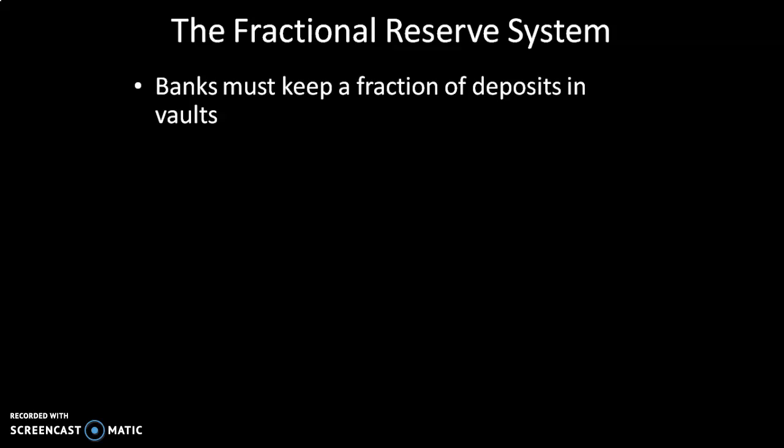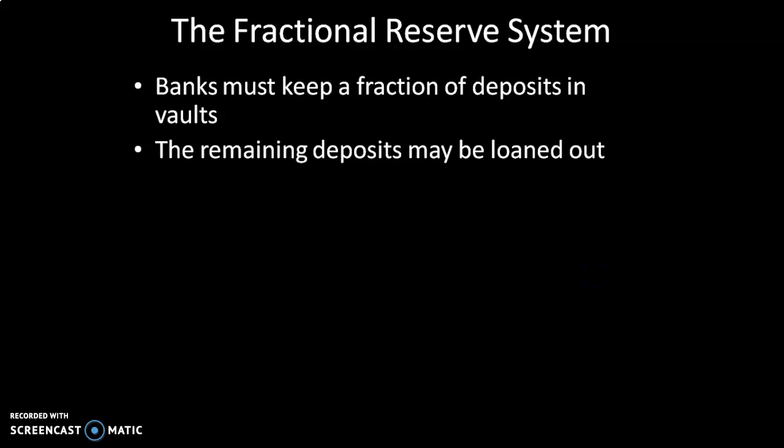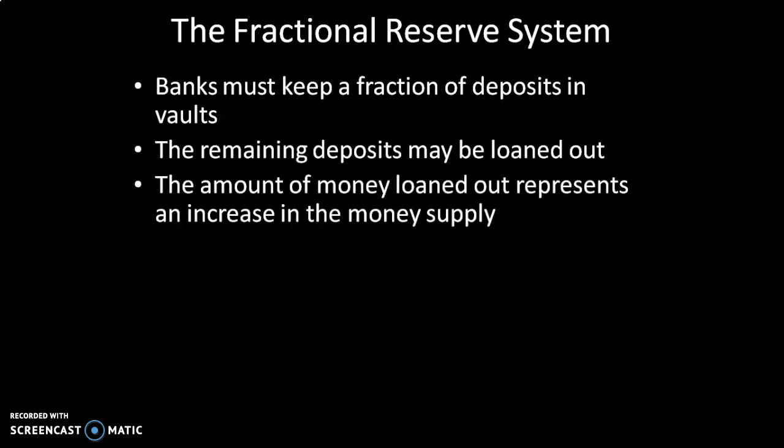But they must keep some of that cash in their vaults because they need to make sure they have cash when people need to take their money out of the bank for whatever purpose. The remaining deposits, though, that aren't held in the vaults can be loaned out to other people.